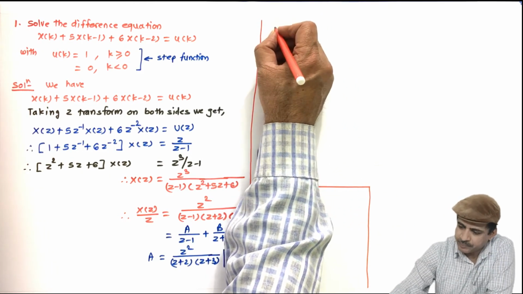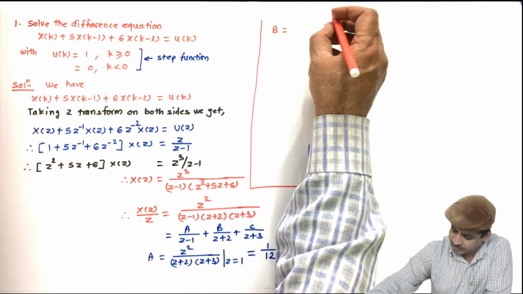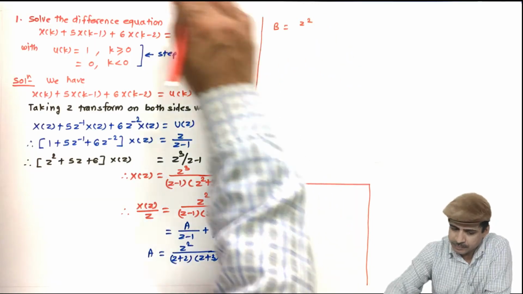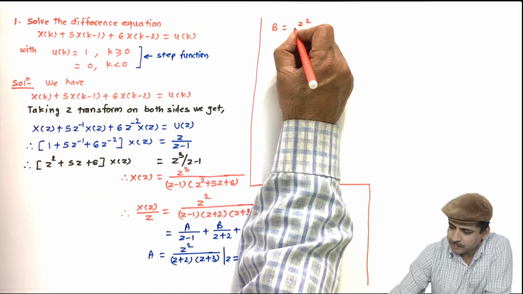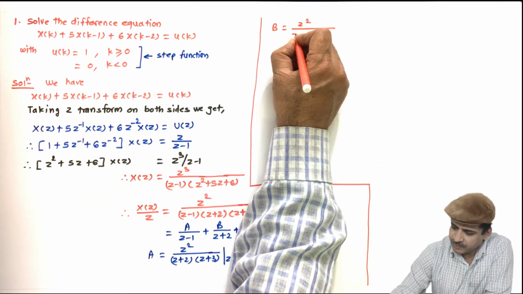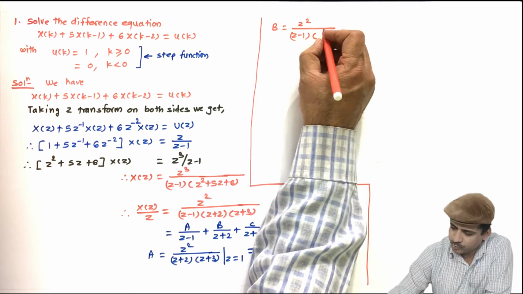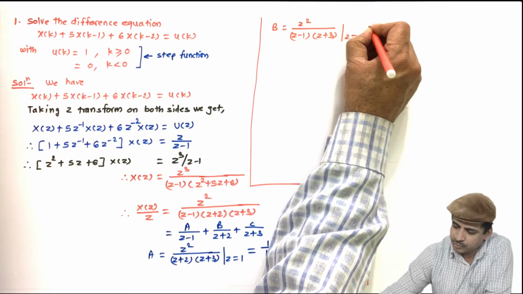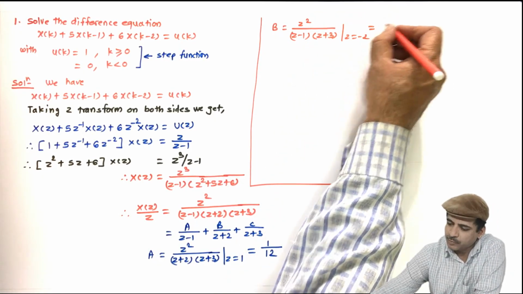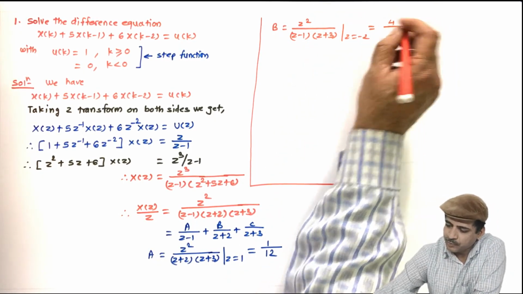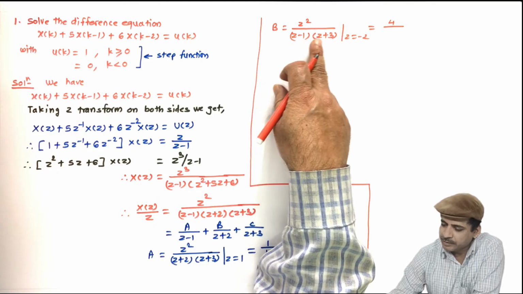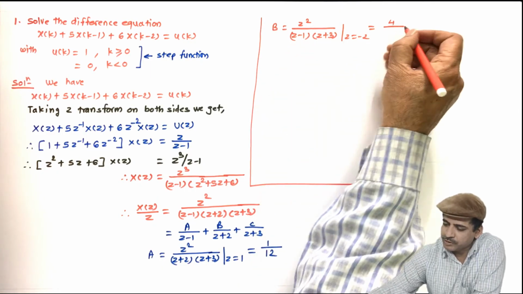Next is B. B will be equal to z square divided by z minus 1 into z plus 3, keeping z equal to minus 2. So square of minus 2 is 4, upon minus 2 minus 1 which is minus 3, into minus 2 plus 3 which is 1, so it is minus 3.